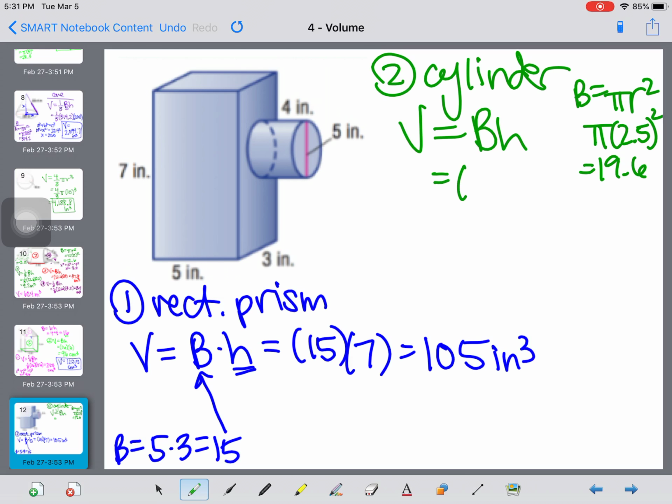And that's what I'm going to plug in for my B. My height of the cylinder is the 4, that's the distance between your circles. So 19.6 times 4 gives you 78.4 inches cubed.